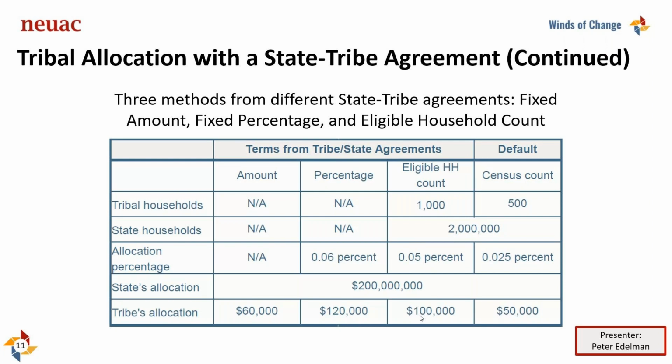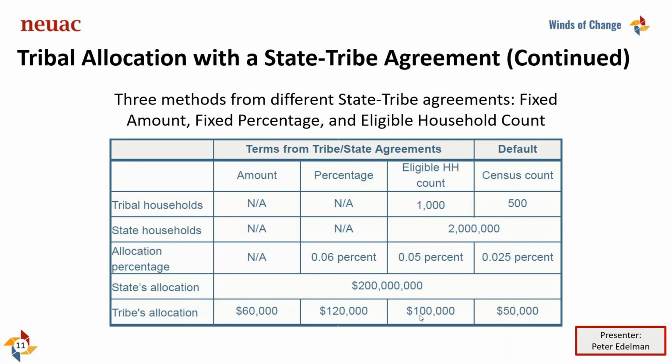Now, if in the percentage column, that allocation percentage were reduced to 0.02%, then the result of multiplying the allocation percentage and the state's allocation would reduce to less than $50,000. It would be $40,000. That leaves it below the default method of $50,000. So as a result, OCS would use the amount that results from the default method.